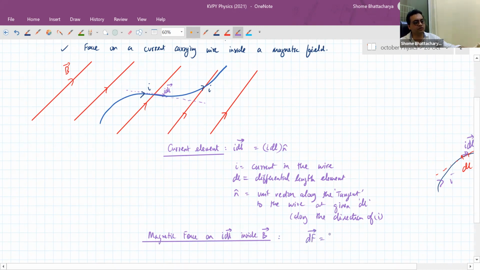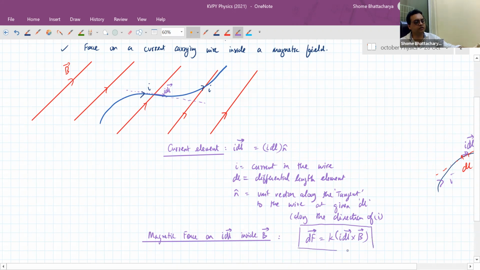So this is equal to some constant into IDL cross B, and that constant in the SI system becomes unity.